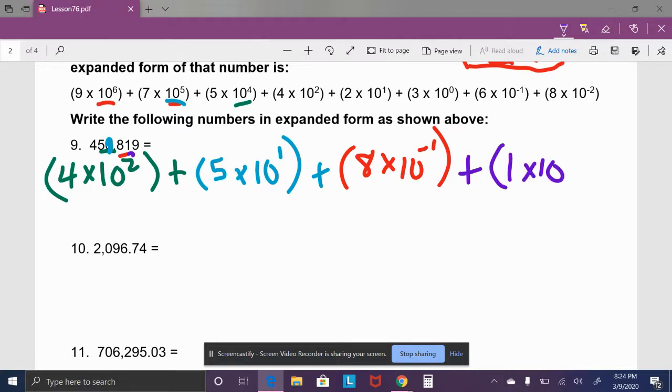This is in the 100th spot. And then 9 is in the 1000th spot. Plus 9.